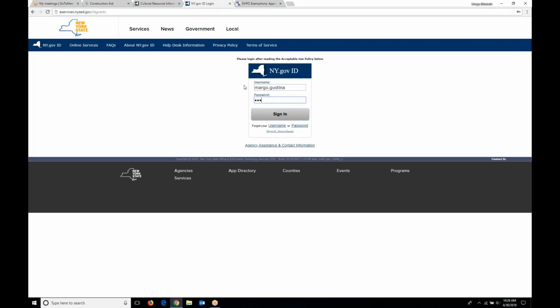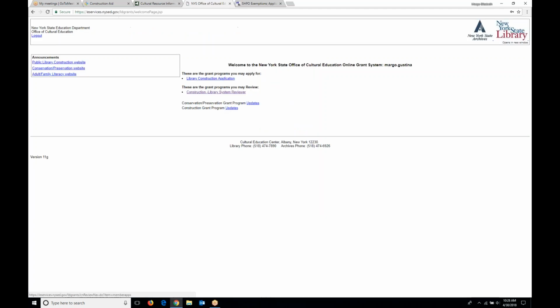Type in your password. If you don't already have a username and password for your library, let me know. There's a guy you contact and you get your information. He says that it can take up to a week to get you your online information.